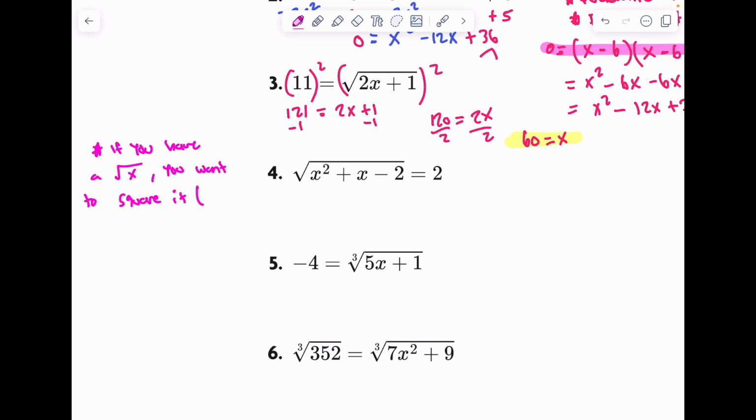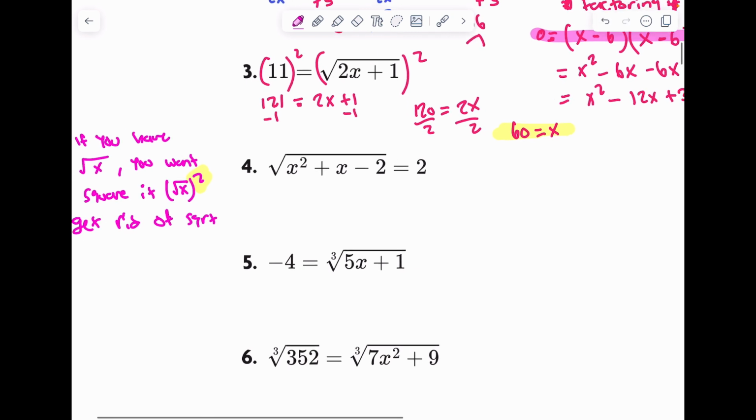So it's like square root of x squared, okay? You square it to get rid of the square root.